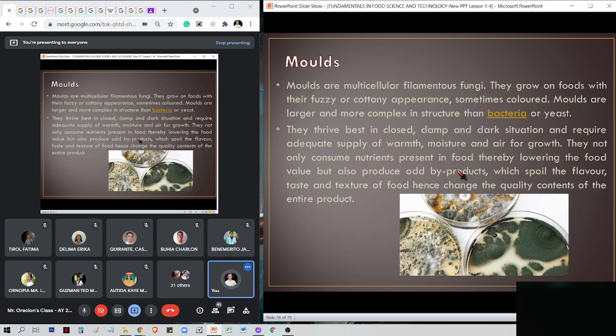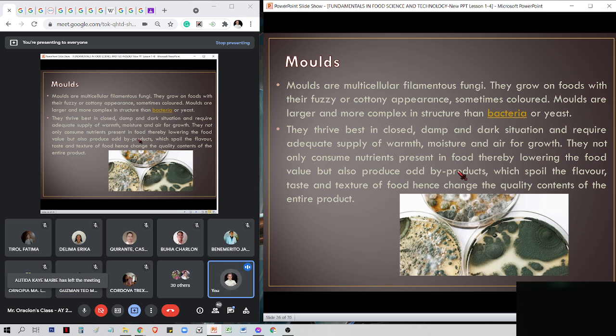So we have here molds. When we are talking about molds, molds are multicellular filamentous fungi. They grow on food with their fuzzy or cottony appearance, sometimes colored.